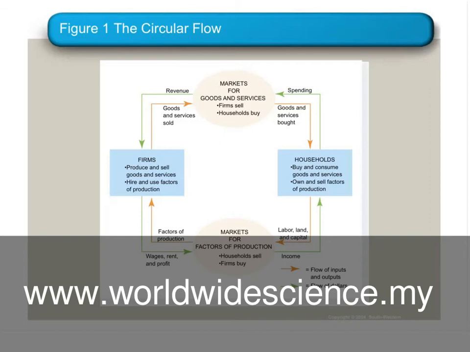Markets for factors of production: households will sell and firms will buy. So the markets for goods and services and for factors of production are a bit different, regarding firms selling and households buying, or households selling and firms buying in the other sense. And then factors of production are the inputs used to produce goods and services, like land, labor, and capital.